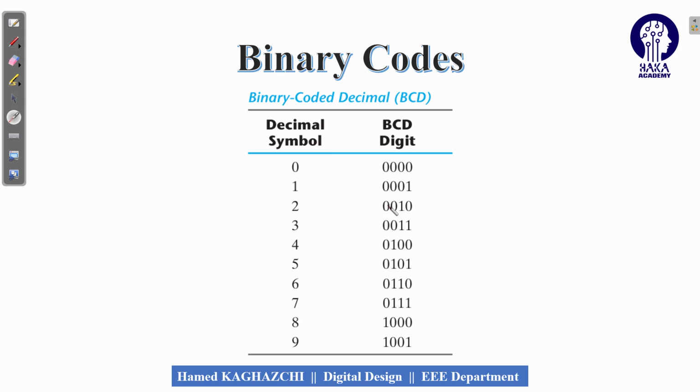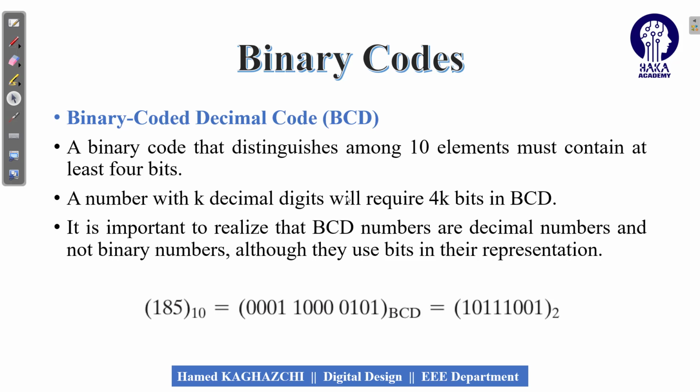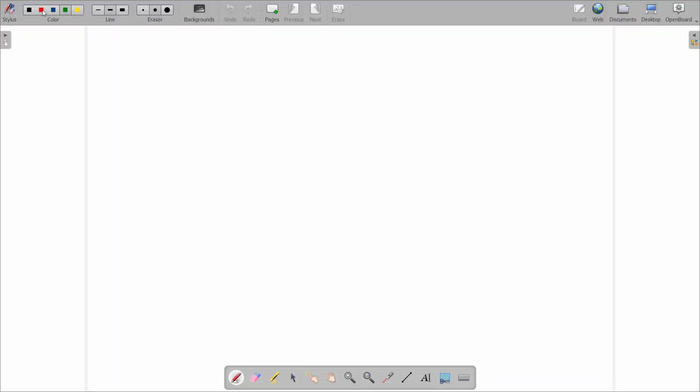Look at this example that I want to show you. Here we have 185. How could we represent this 185 in BCD? Let's write it here: 185 in base 10.